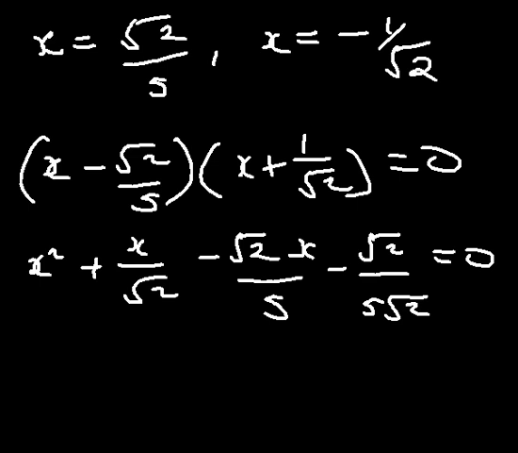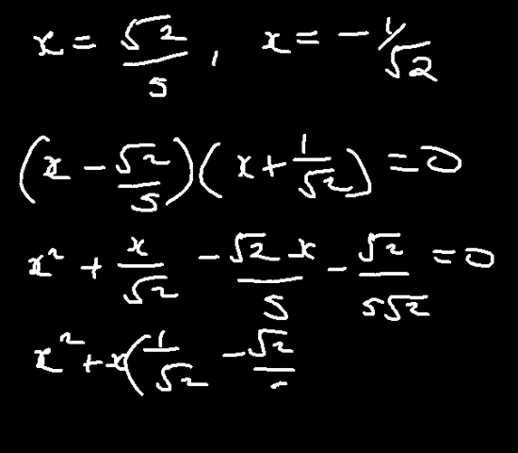And of course we'll have to express this as a single fraction. We factor out x from the two terms, so we have x squared plus x times (1 over the square root of 2 minus the square root of 2 over 5), minus root 2 over 5 root 2, equal to 0.